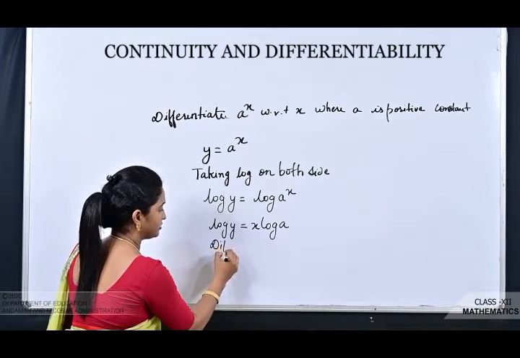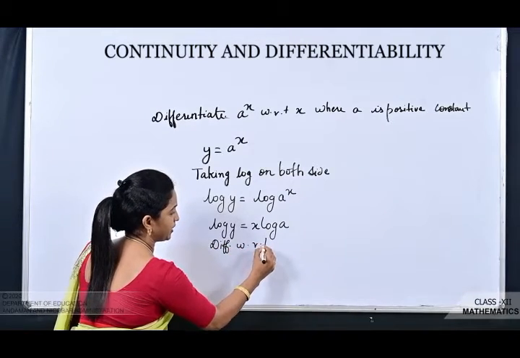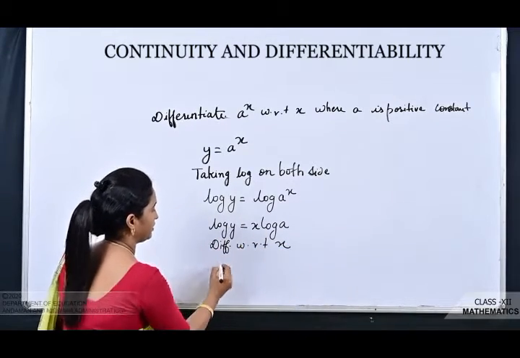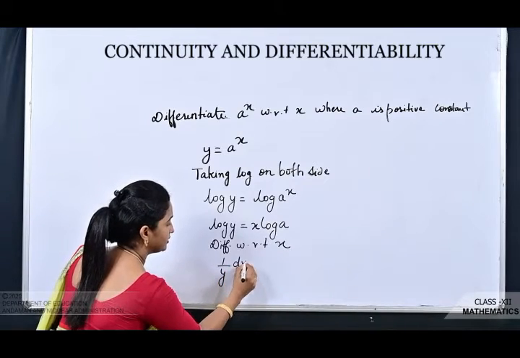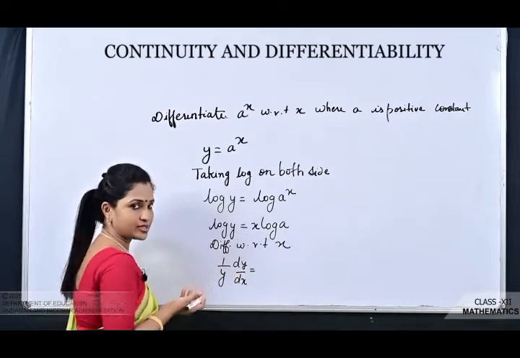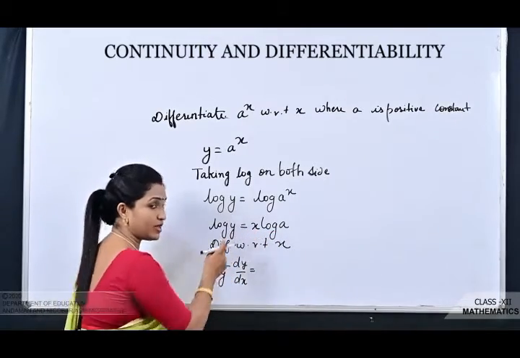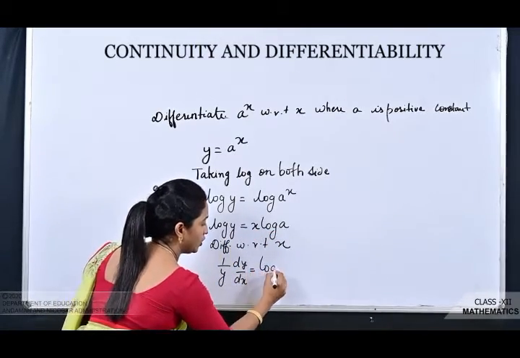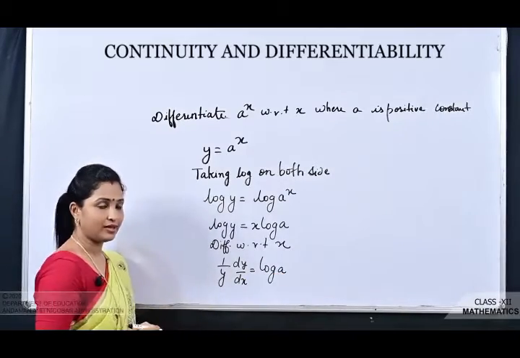Now differentiating with respect to x, 1 by y dy by dx is equal to, log a is constant and the differentiation of x will be 1, so you are going to get log a. Clear?